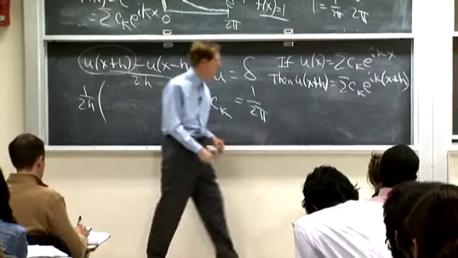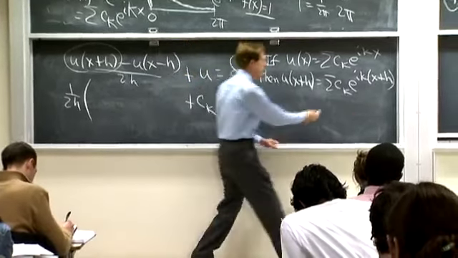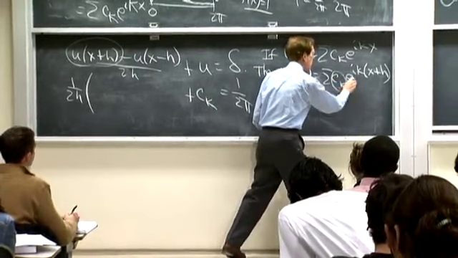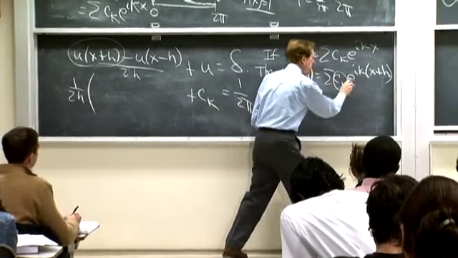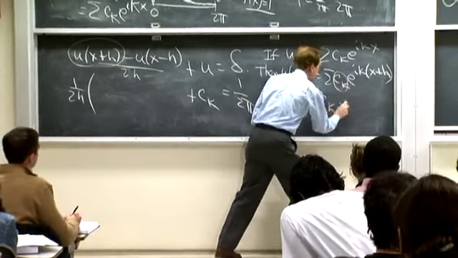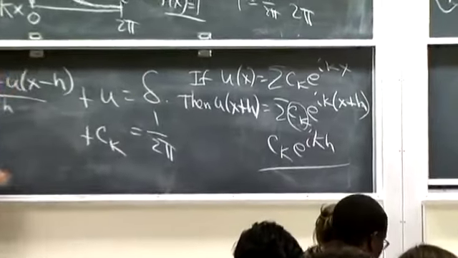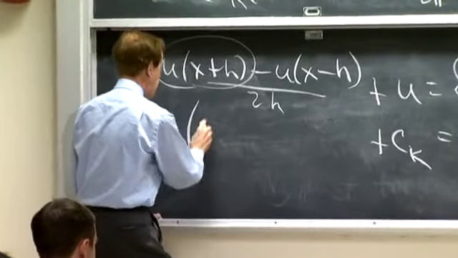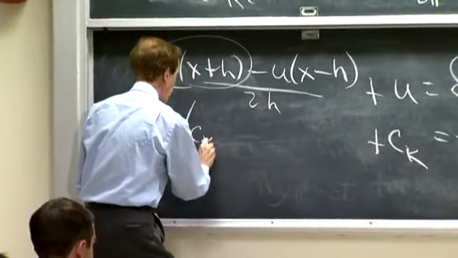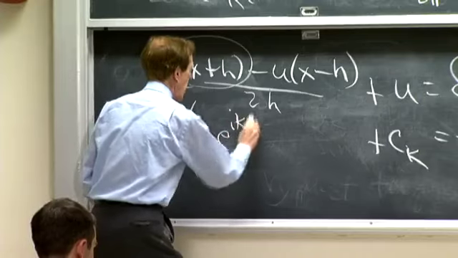No, nothing surprising there. So now I'm seeing the factor. There's ck. It's multiplied by the factor e to the ikh. So this is the same ck, but an e to the ikh from that one.